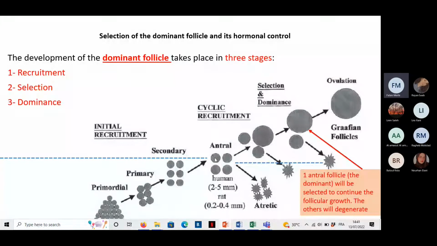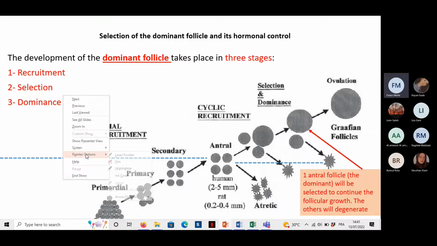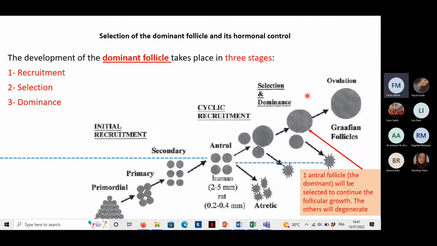Since we have them, we will have a pool of early antral follicles produced, and those early antral follicles are going to develop to give late antral follicles, or Graafian follicle, or a pre-ovulatory follicle.